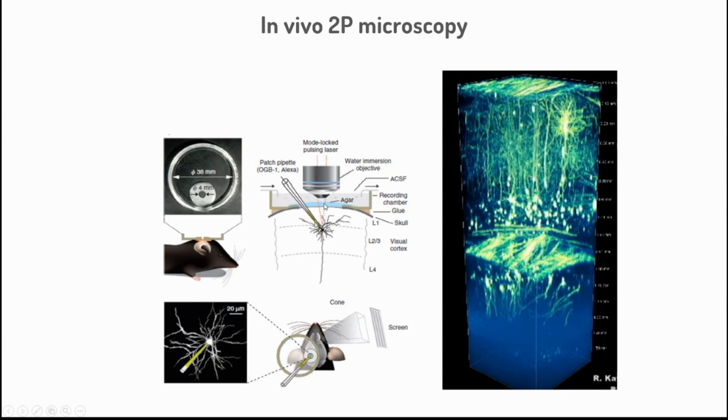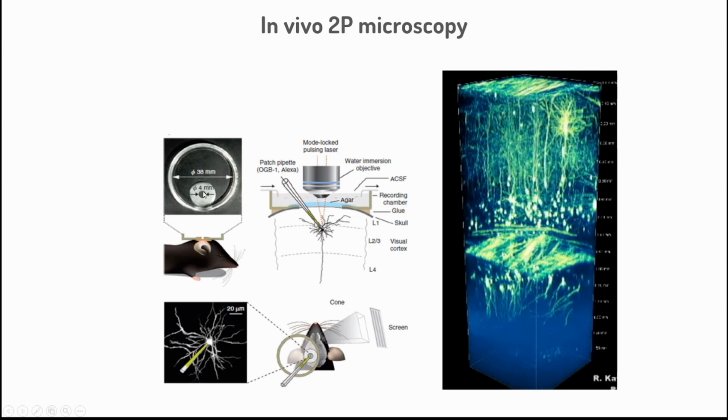And the problem here is the mouse will move. You can do it with anesthetized mice, or you can use awake mice. But the mouse has to be fixed. So normally you have to use a restraining device, or we put what we call the head plate.